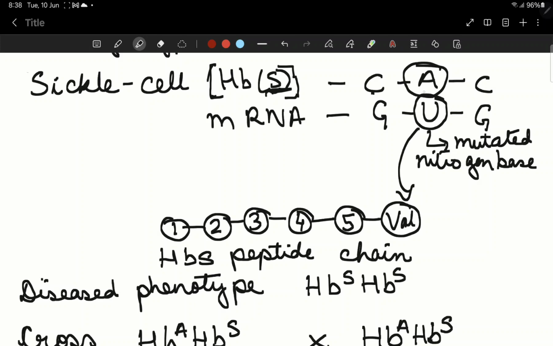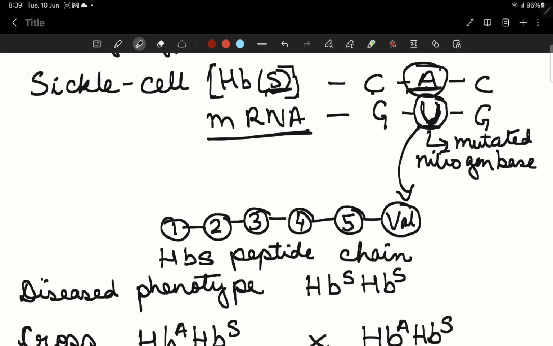In the normal case this position is occupied by thymine, but in the case of a sickle cell patient, the adenine takes the place of the thymine. As a result, the mRNA that is produced after transcription will have U here, the uracil, because adenine corresponds to uracil. This uracil is present in the sickle cell patient's mRNA, that is the mutated nitrogen base here.